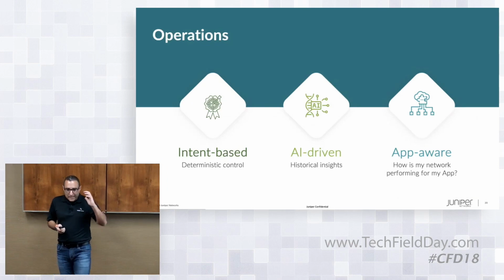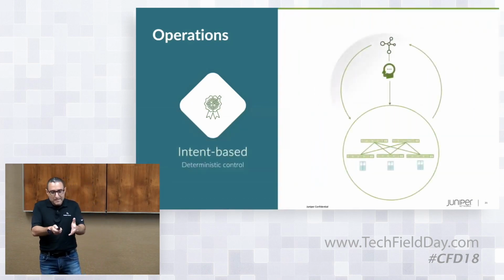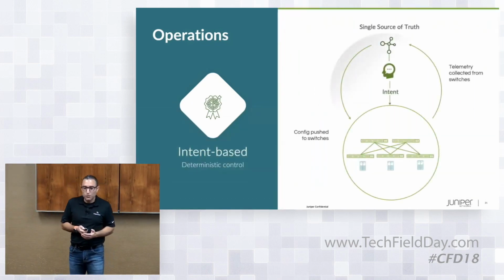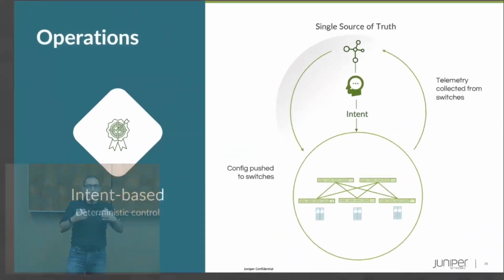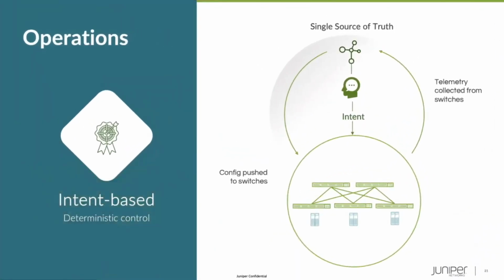Now, in addition to intent-based, we're adding other pillars to really deliver more value than anyone, to really help our network operators operate their data center with the simplicity of the cloud, in fact, with the utmost confidence.